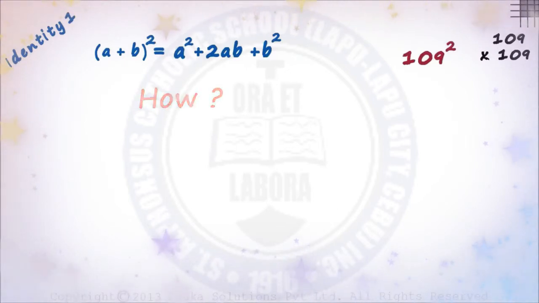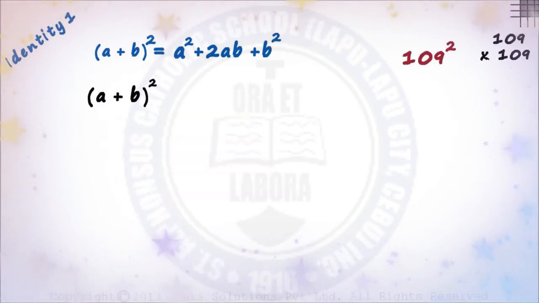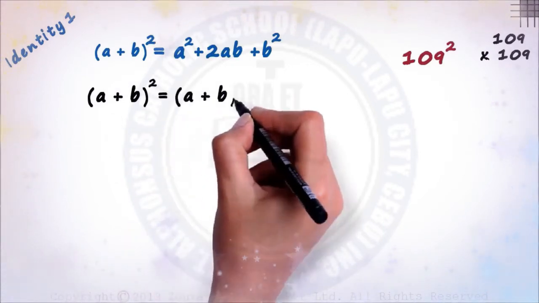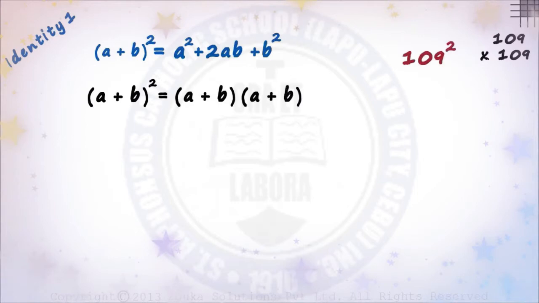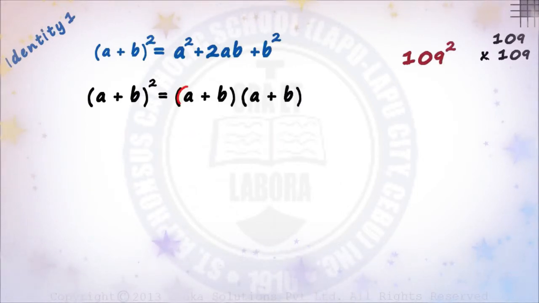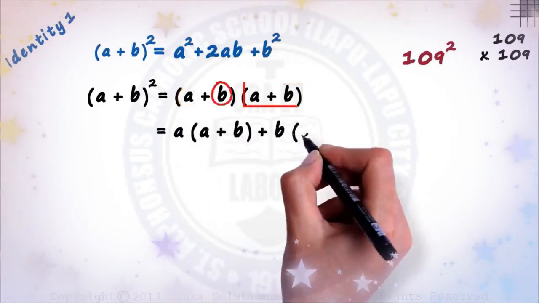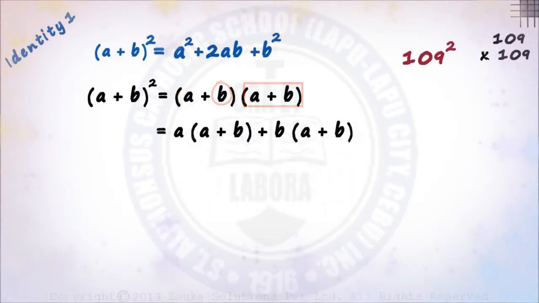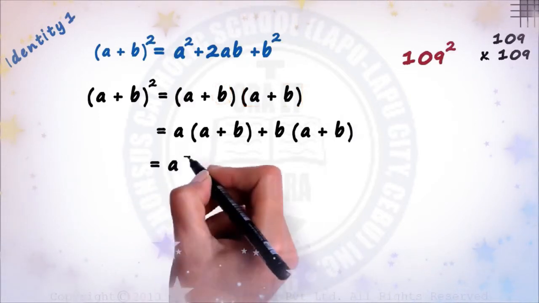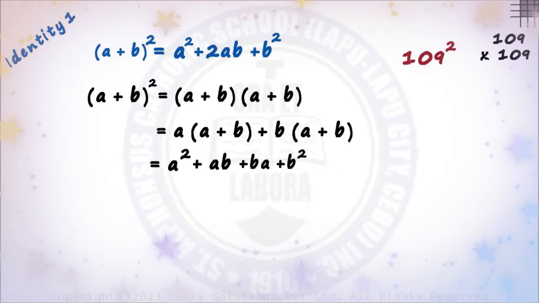The proof is very simple. (a plus b) the whole squared can also be written as (a plus b) multiplied by (a plus b). Using the distributive property, we can write it as a multiplied by (a plus b) plus b multiplied by (a plus b). We can write it as a squared plus ab plus ba plus b squared.